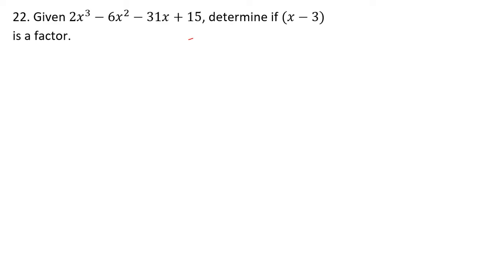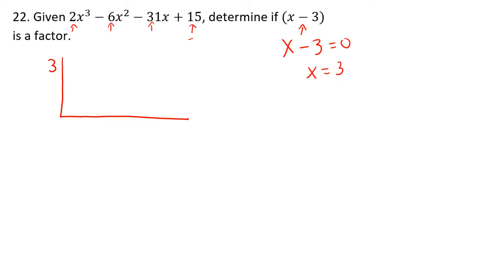So I'm still going to ask myself the question, what number minus 3 would equal 0? That would be positive 3. So I'm going to use positive 3 and divide my polynomial by 3 by using synthetic division. I'm going to put a 3 on the outside. Now inside this big L, I'm going to put all the coefficients.